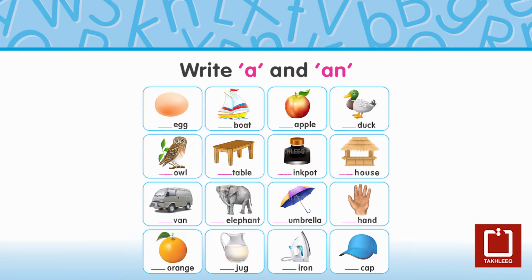Then we write N. फिर हम N लिखते हैं. If the words do not start with vowels, then we write A. अगर अल्फाज हरूफ-ए इल्लत से शुरू नहीं होते तो फिर हम A लिखते हैं.